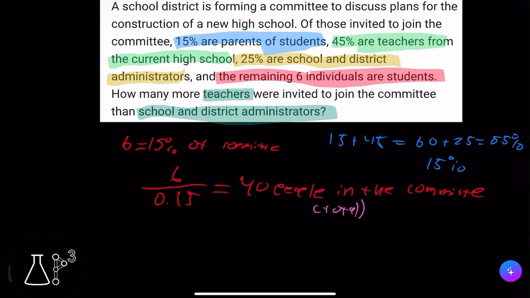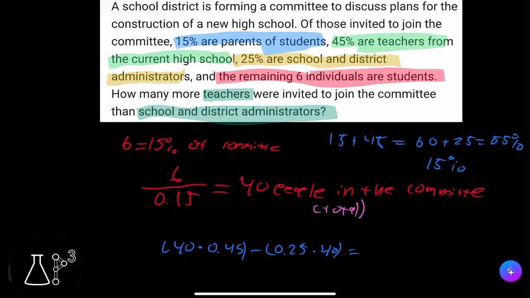So now all I have to do is multiply 40 times 45% to look for the number of teachers, and then minus 40 times 25% to see how many people are administrators. I do teachers minus administrators to look for the number of teachers that are greater in the meeting than school and district administrators. So I can write an equation as 40 multiplied by 0.45 minus 0.25 multiplied by 40.